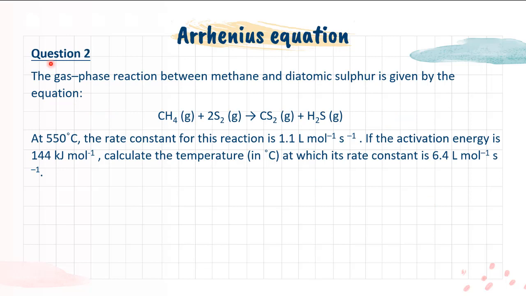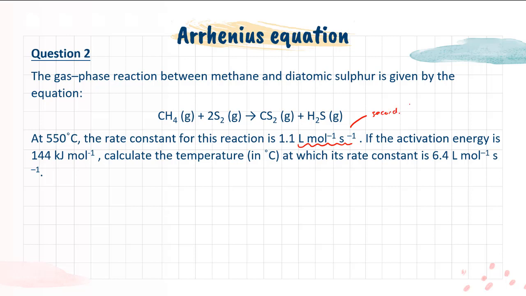For example, question 2: the gas phase reaction between methane and diatomic sulfur is given by the equation. So you have a balanced equation over here. At 550 degrees Celsius, the rate constant for this reaction is 1.1 liter per mole per second. Just to revise with you, this unit is second order.